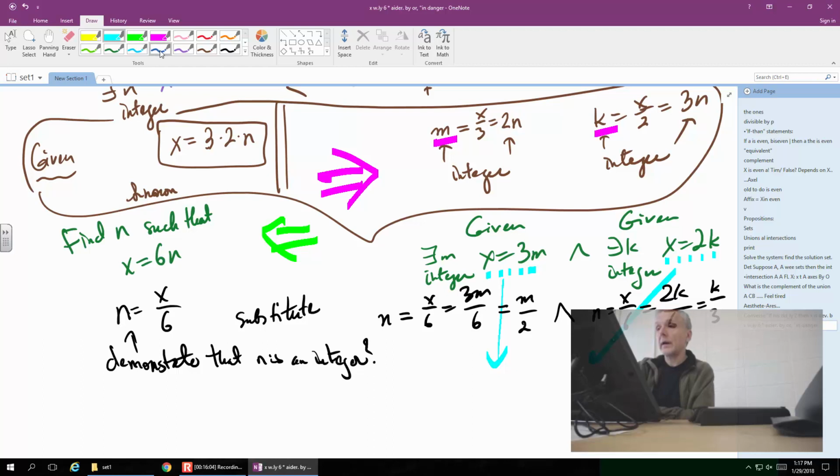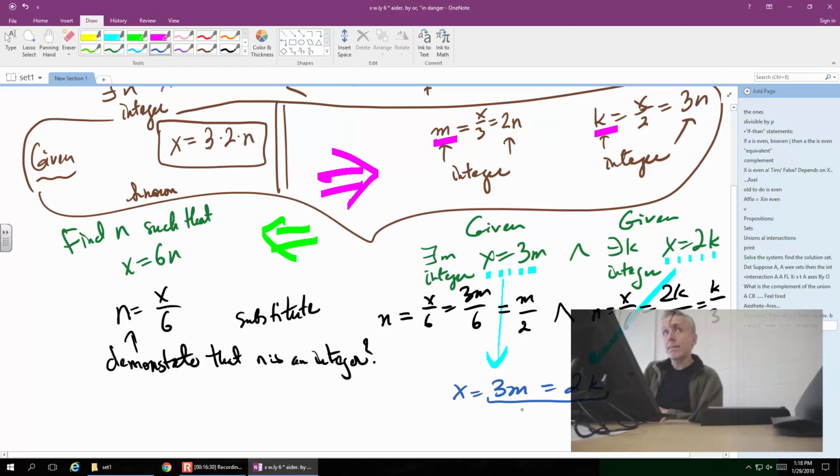What do I have? I have x is equal to 3m, and it is equal to 2k. M and k are integers. So if you forget about x, what does this tell you? If 3m is equal to 2k, what can you say about, say, m?